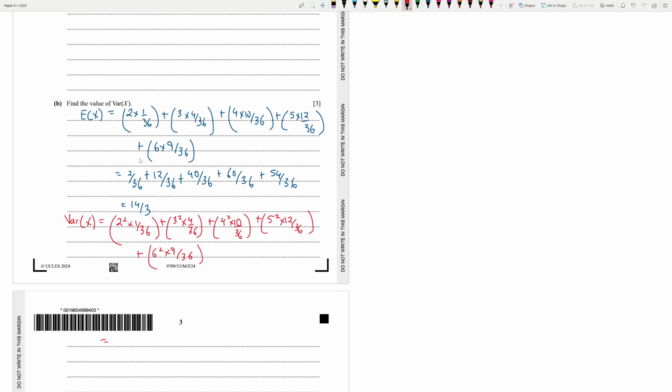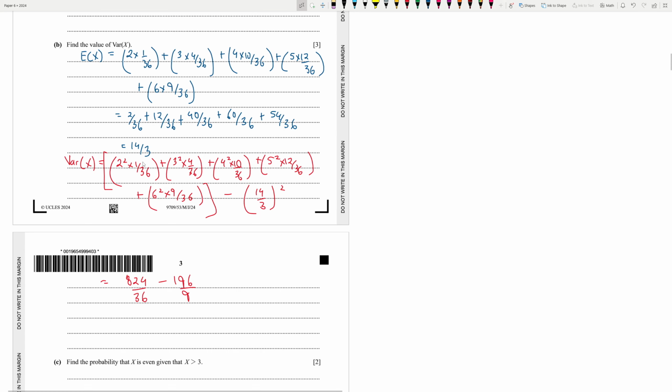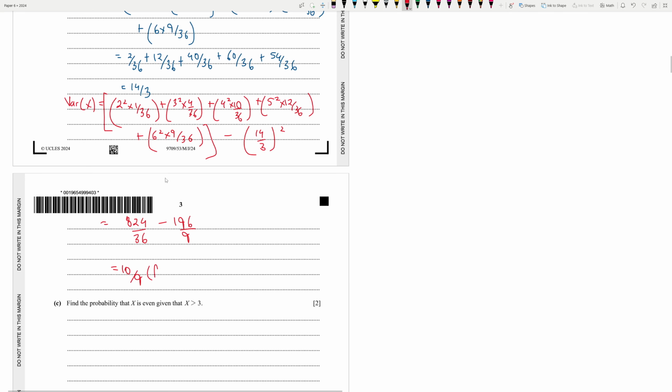So if you do the working, this thing minus expectation whole square, of course. You are actually going to get 824 by 36 if you complete the working. And for this, 14 by 3 whole square is actually 196 by 9. So overall, the final answer is 10 by 9. Okay, that's great. That is our answer.